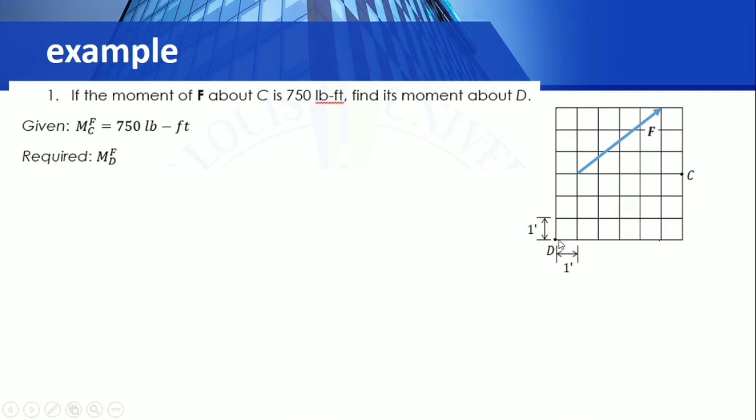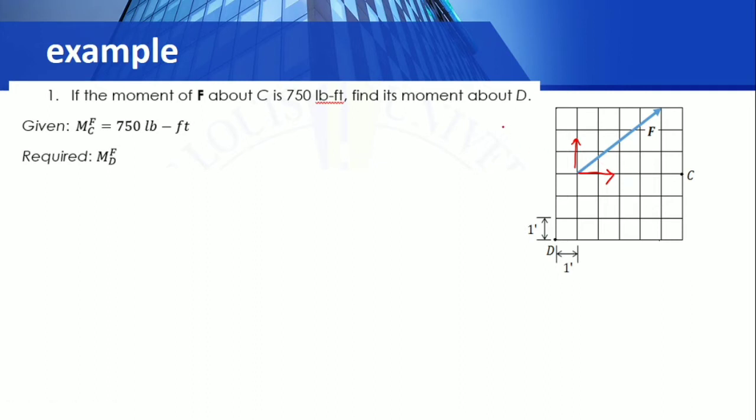So meron tayong force F dito. So di ba we have learned dun sa last module natin to compute kung yung components niya. So meron tayong magkakaroon tayo ng components dito, y component and then x component.